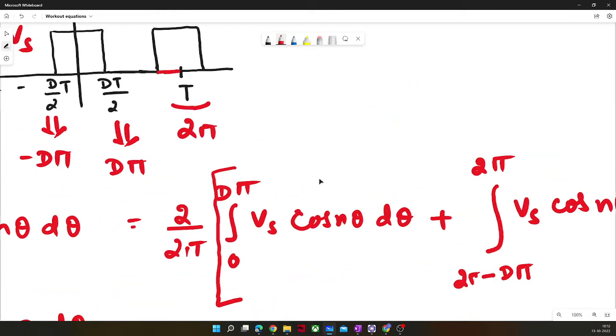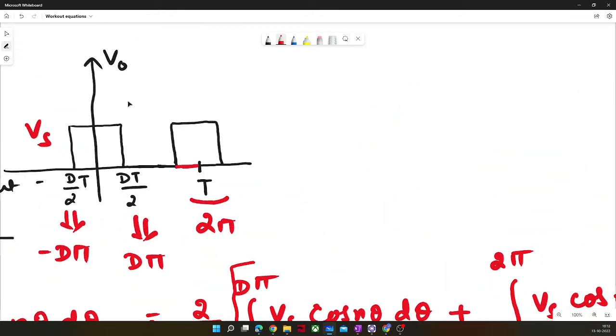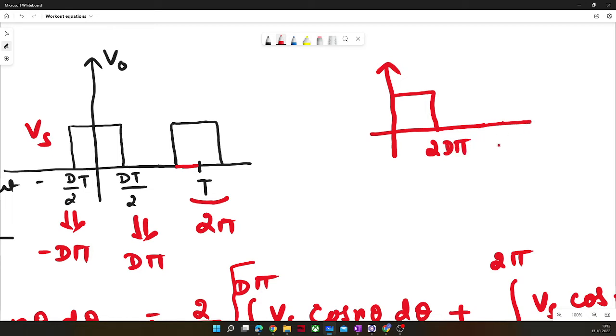You prefer it anyway, but for this kind of waveform, if it would be shifted like earlier, let's say it was earlier from 0 to 2 d pi, right? Why am I writing 2 d pi? Because earlier it is conducting d period for 2 pi times of time period, so that's why I can write 2 d pi.